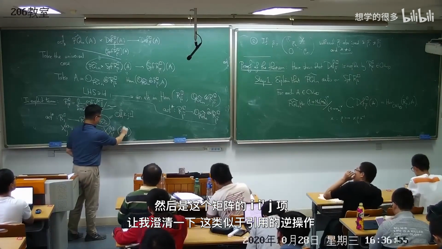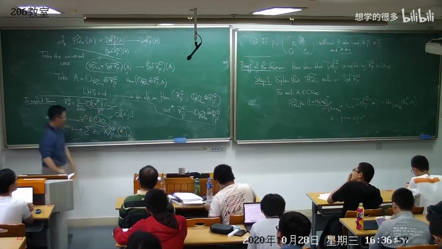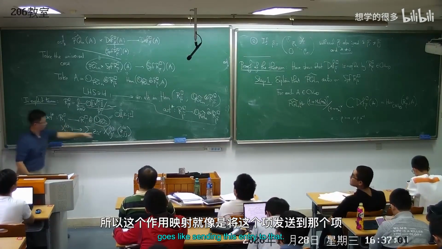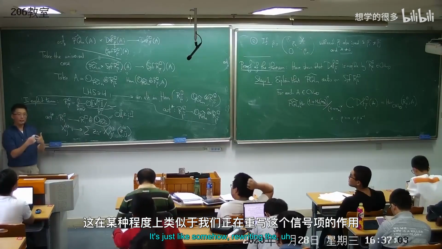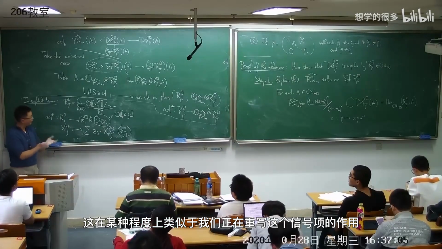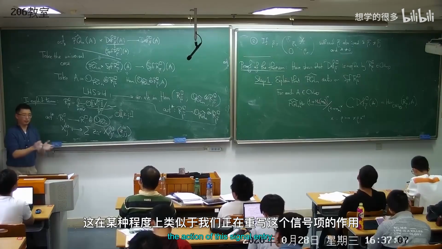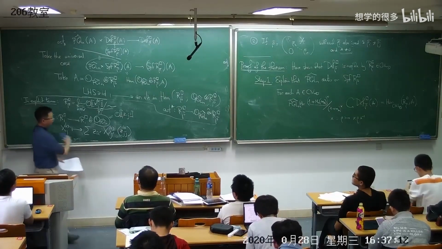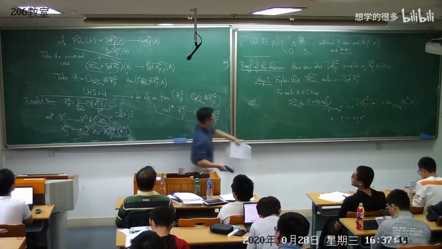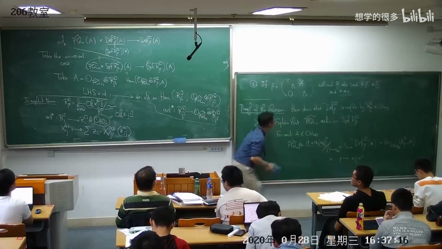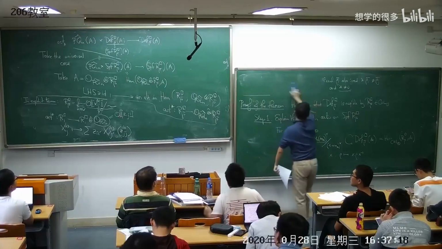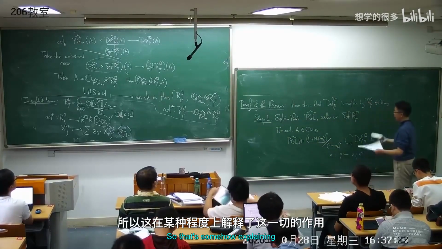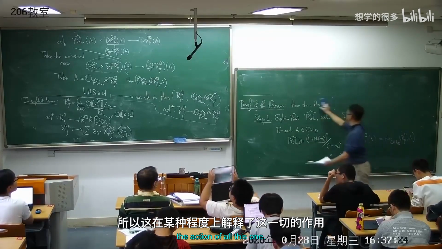Let me denote it by quotation inverse. So the action map sends this entry to that. It's just rewriting the action entry by entry. So that explains the action on this one.